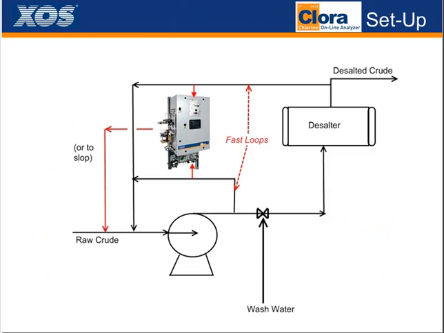So if you did have a case, I'll just skip to the next one quick, but I may go back to the next slide. I reserve the right. To set up a Clora online, one of the things we're thinking is to set it up around your desalter. You can see here in this diagram that optimally, it'd be nice to know what's happening post desalter as well as what's happening before it comes in, what the raw is.